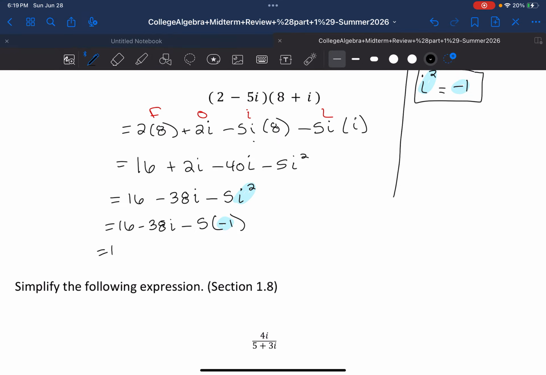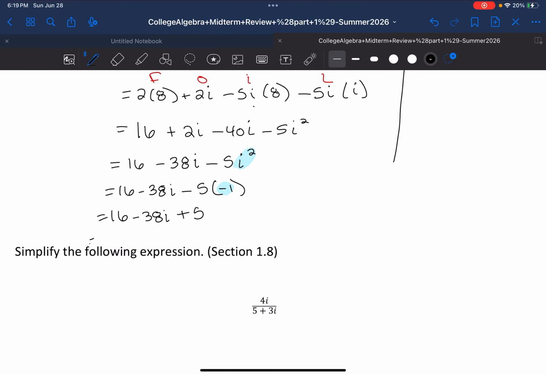So that's going to change it to plus 5, because negative 5 times negative 1 is a positive 5. So now finally we'll combine these two like terms, 16 plus 5, which will give me 21 minus the 38i. And this would be the final answer. It's in complex number form. And there's nothing else we can combine.